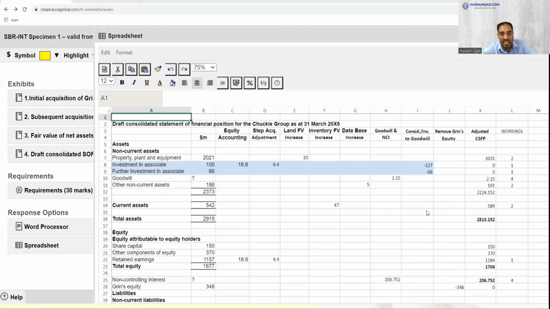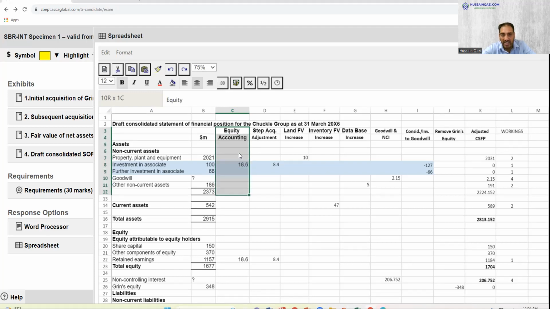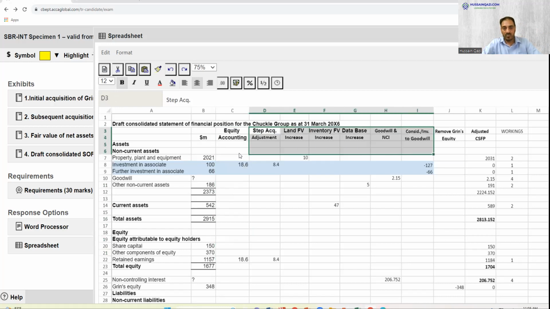For example, in this question, let's suppose you miss that adjustment, or you have worked with this adjustment, but actually you have done the wrong working. So first step you have done wrong. Automatically, if the first step is wrong, it will affect the rest of the part.